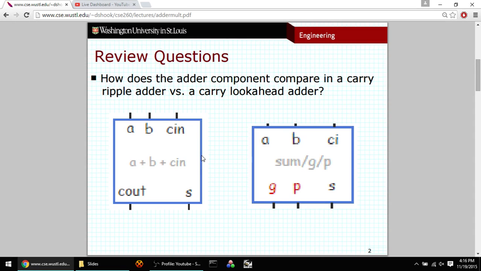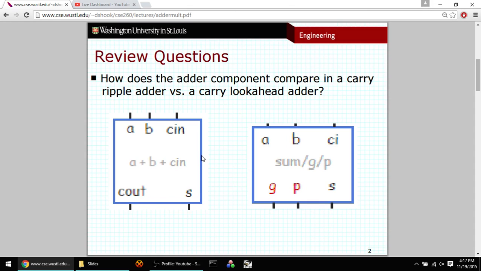P equals A plus B. And then we have to AND that with Cn in order to determine the carry. But the result here is just going to be this part, A plus B. We'll worry about the Cn piece later. So this component here, we're no longer generating the carry bit out. We're just generating these 2 out.